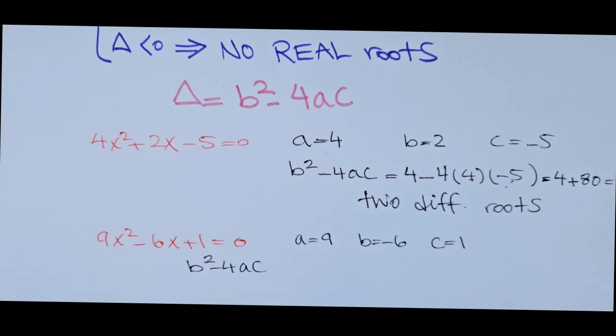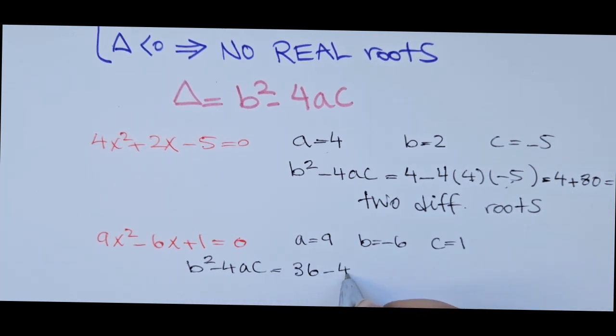It's only asking about the nature of the root. I'm just repeating again and again so that you will get familiar with the methods, with the terminology, with different types of questions.